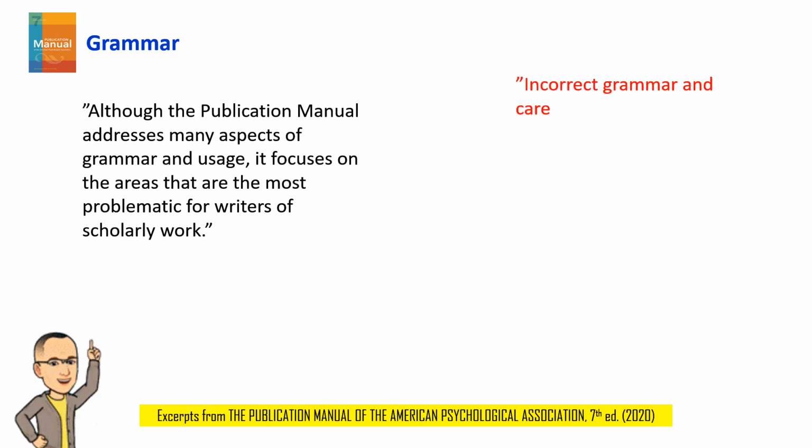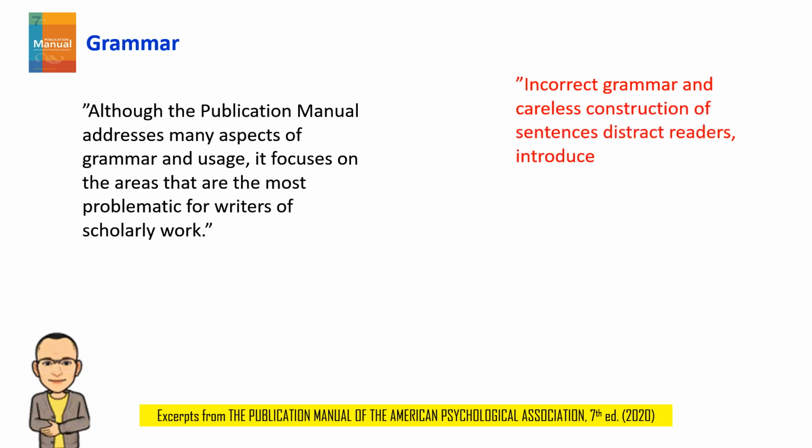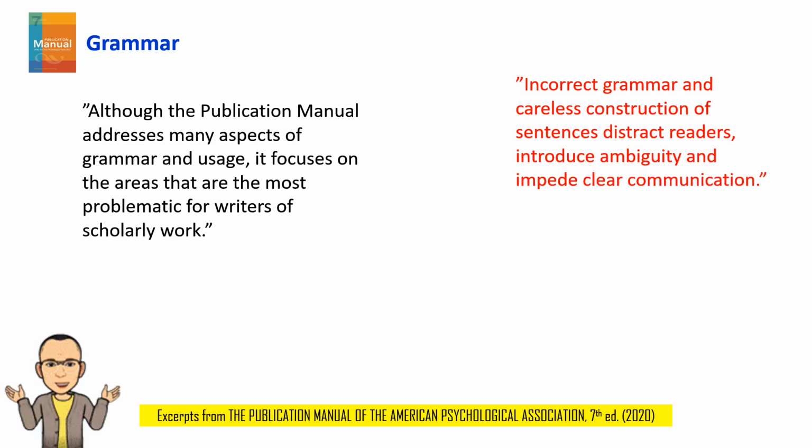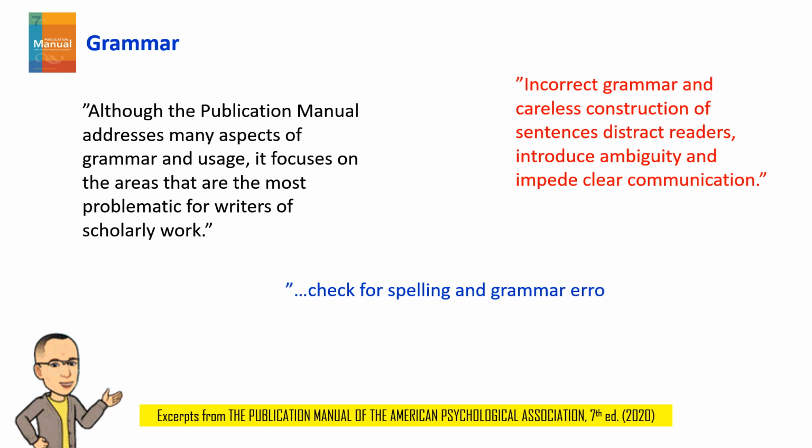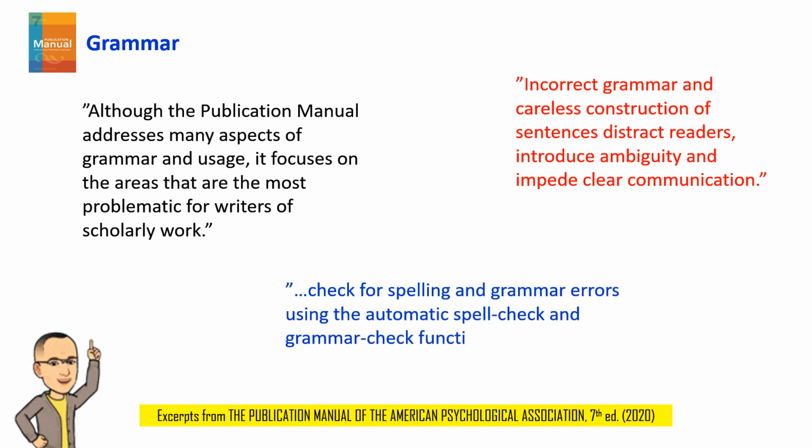Incorrect grammar and careless construction of sentences distract readers, introduce ambiguity, and impede clear communication, as noted in the guidelines outlined within the APA manual. Another recommendation by APA is to check for spelling and grammar errors using the automatic spell check and grammar check functions of your word processing program.